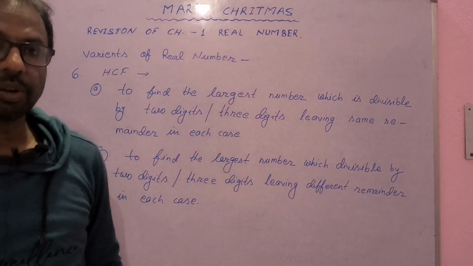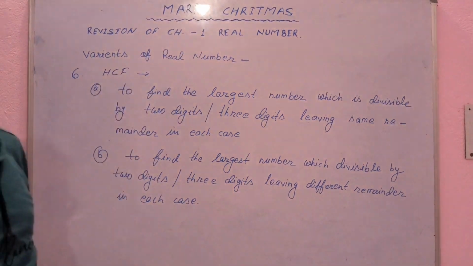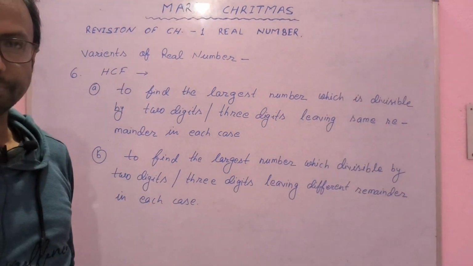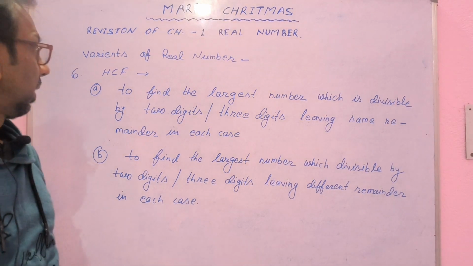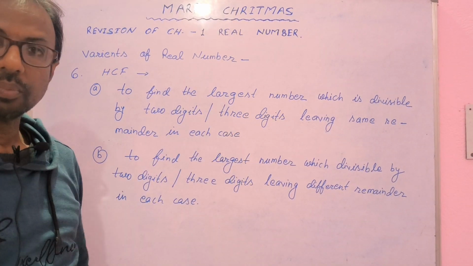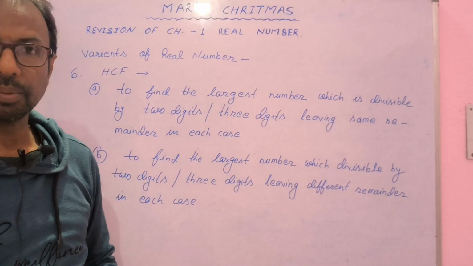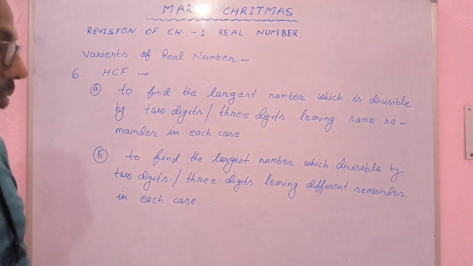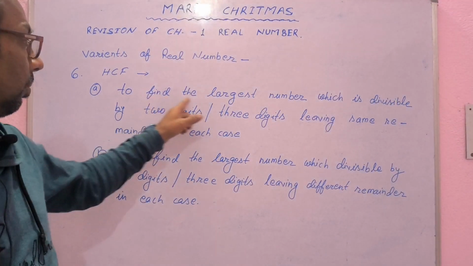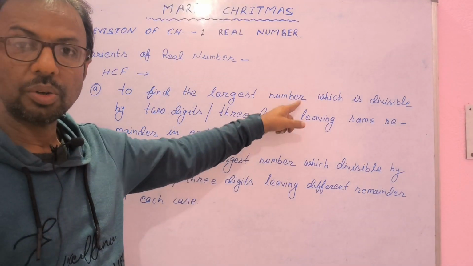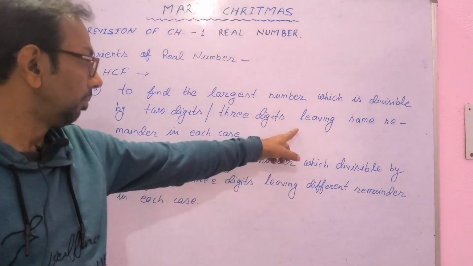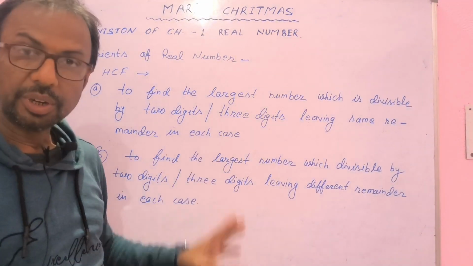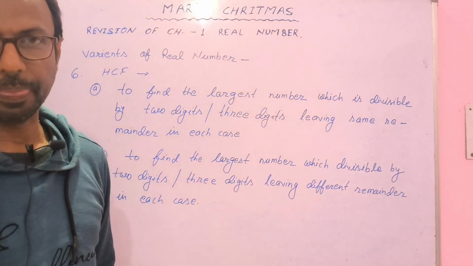The sixth variant of this chapter is questions related to HCF. Wherever you are asked to find the largest, you must find the HCF in that question. The question pattern may be to find the largest number which divides 2 or 3 numbers, leaving the same remainder in each case.